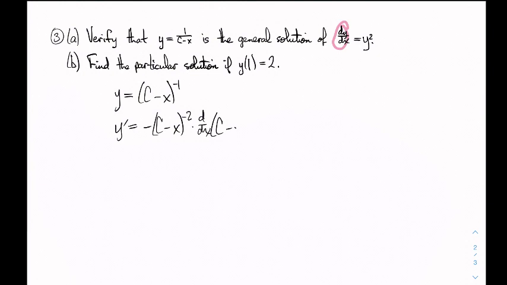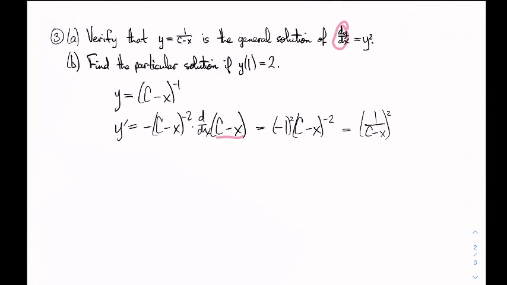That's going to be a negative 1 coming from this part right here. So now I have two factors of negative 1, c minus x to the negative 2, which I can rewrite as 1 over c minus x quantity squared.